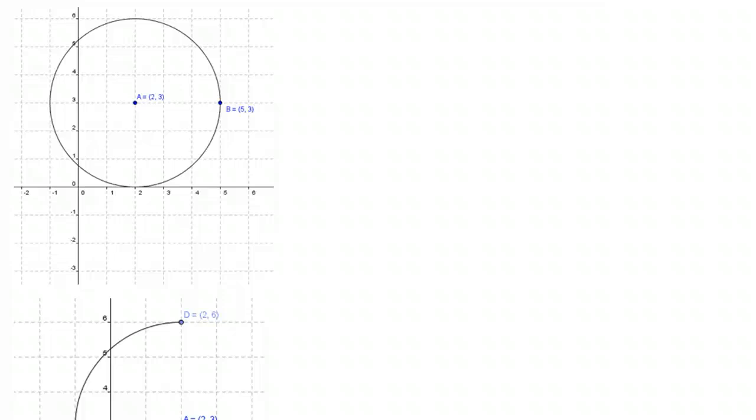So let's see some other cases here. All right, so let's find the equation of this circle. Well, really nicely, I have the center, and I can see on this that the radius here is 3. And again, this is great because I can read it off the graph, but in the case where you couldn't, you could use the distance formula to find that radius, the distance between these 2 points.